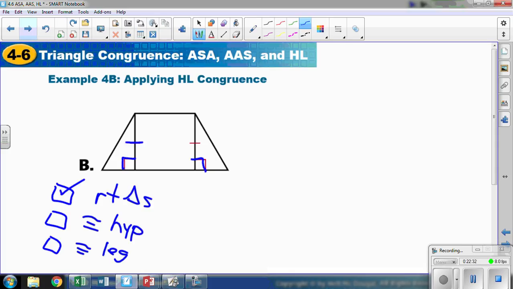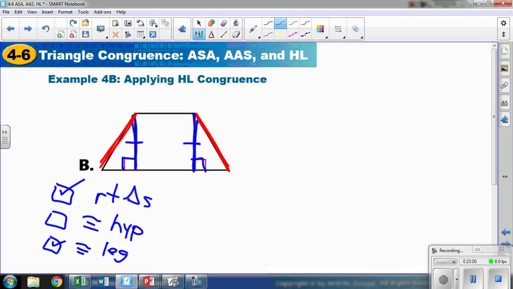Tick marks give us a pair of congruents. Those, though, are a pair of legs. Got it. What about hypotenuses? Of course, the hypotenuse is right here. Do we know with certainty that those are congruent?